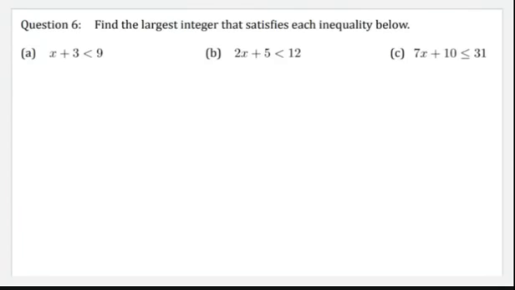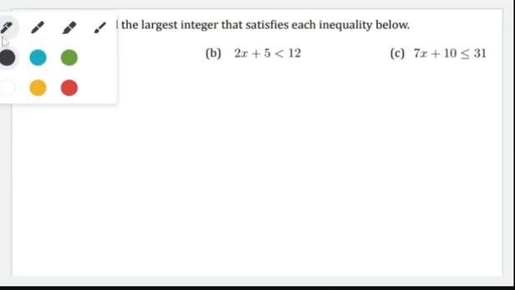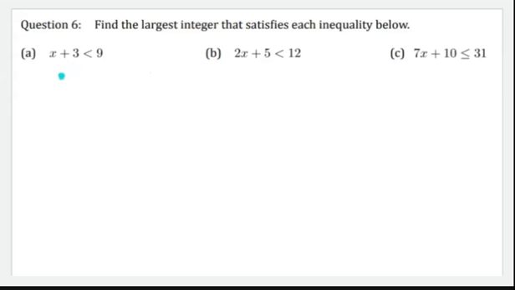Next one. Find the largest integer on slide 6. Find the largest integer that satisfies each inequality below. So we are solving the inequalities as before. So in this case, taking away 3 from both sides, we get x is less than 6. So the largest integer, do you know what integer means? Number? Yeah, what kind of number?